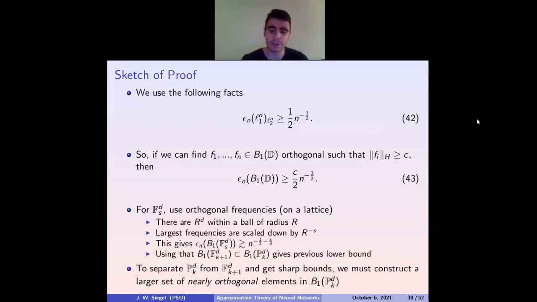These are the technical details of how the proof works. There's a technical construction of a large collection of nearly orthogonal elements in this convex hull, and then we use the fact that we know the metric entropy of the L1 unit ball, essentially. Okay.